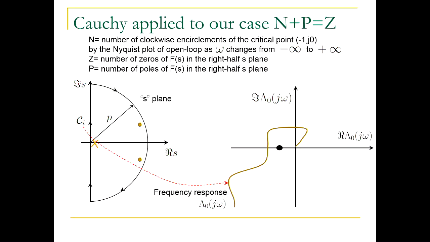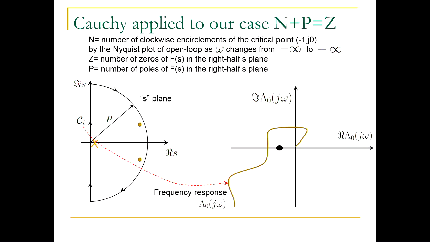But zeros of f of s in the right half plane are exactly the poles of the closed loop transfer function. So basically, Z, which stands for zeros, is actually the number of poles of the closed loop system in the right half plane. So obviously we want Z to be 0. We don't want any poles of the closed loop transfer function in the right half plane.